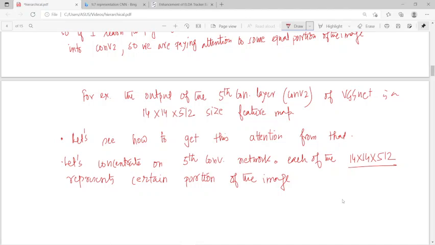And for each of these locations, for each of the 14 cross 14, what is the number of locations?